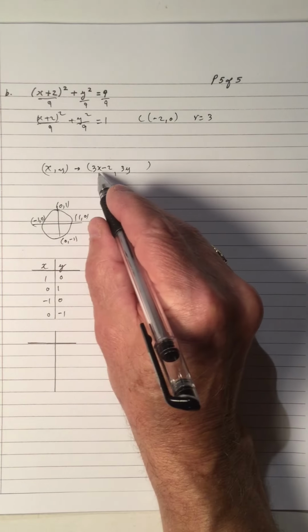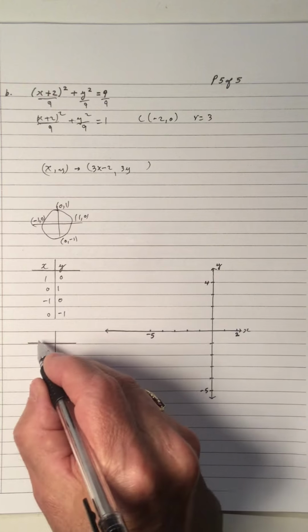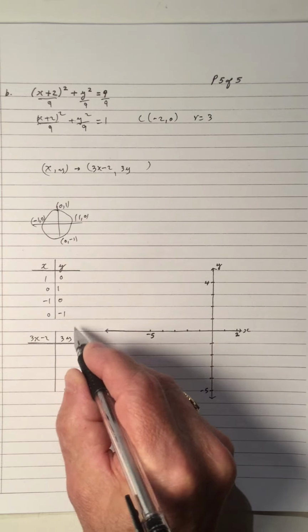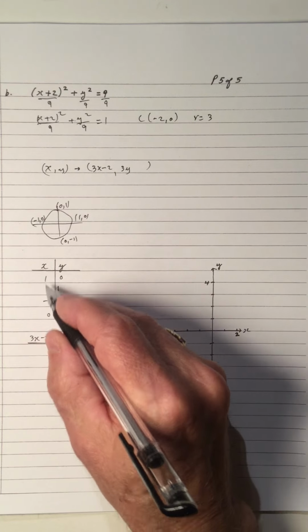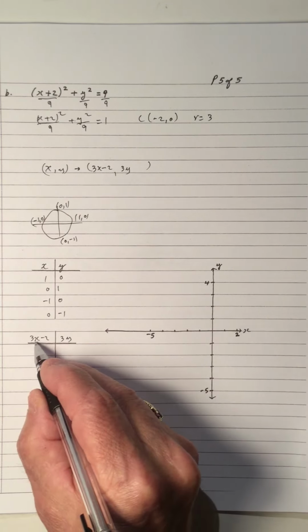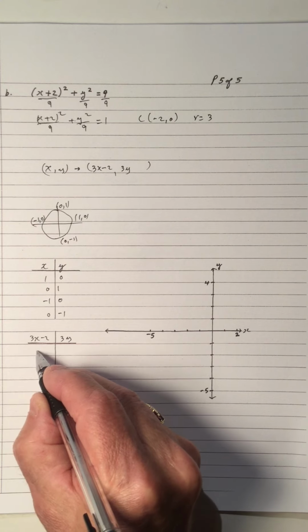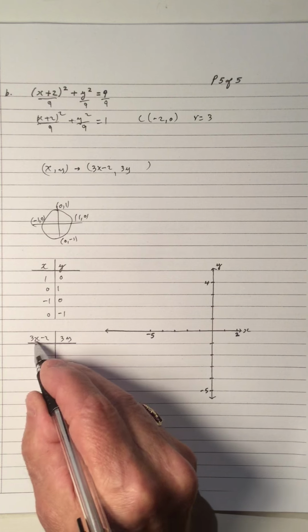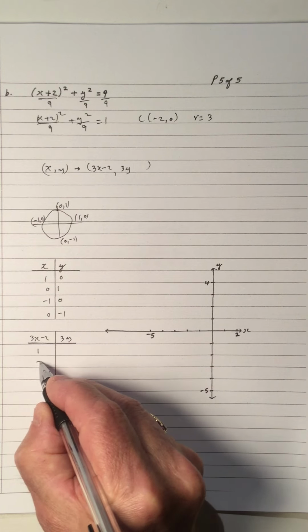So now let's get back to the mapping. We got a 3x minus 2 and a 3y. So we take these ordered pairs of values of x and sub in here. 1, 3 minus 2 is 1. 0 gives me 0 minus 2.